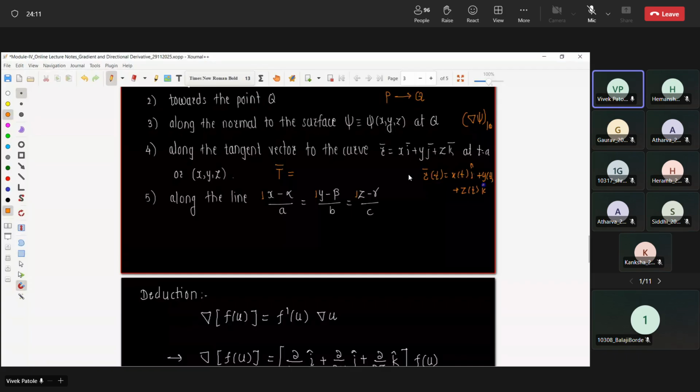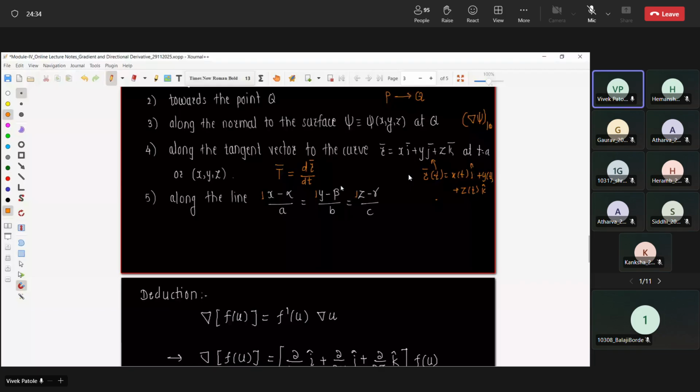In short, it can be written like this. So this is always there. Equation of the curve will be given in terms of one parameter t only, and because of which we are getting our tangent vector t bar as dr bar upon dt.